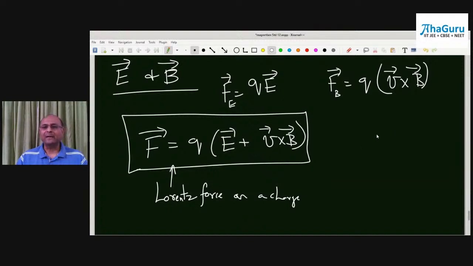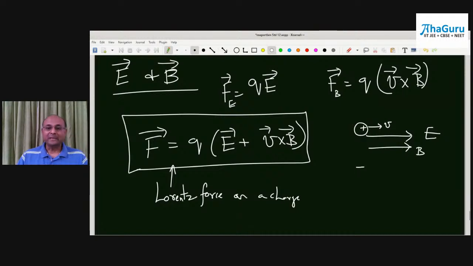So suppose I had E like this and B also like this, and a particle was at rest, only QE is going to act. If the particle was moving like this with a velocity V, again V cross B is 0. So again the force on this is just QE.